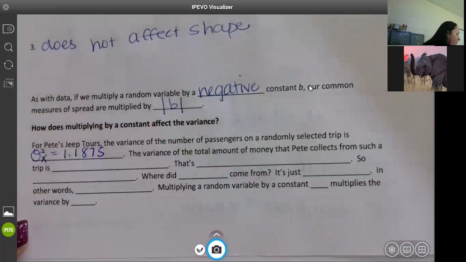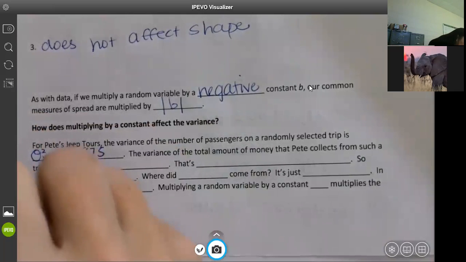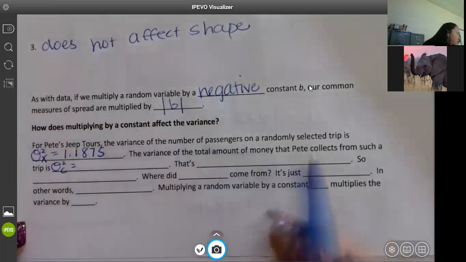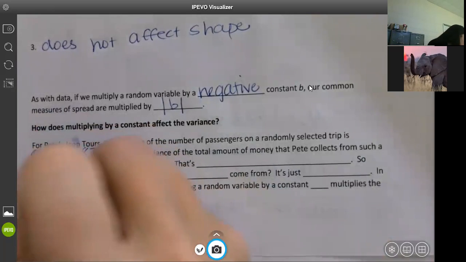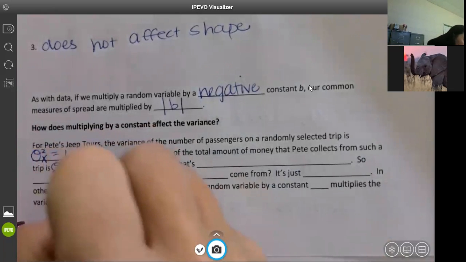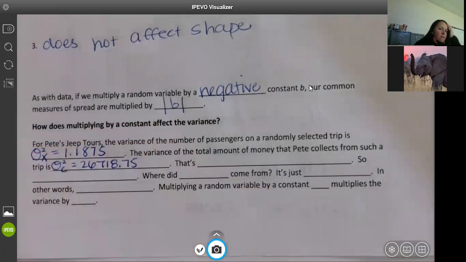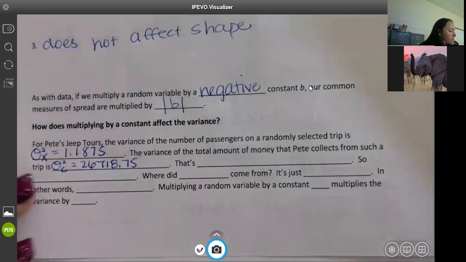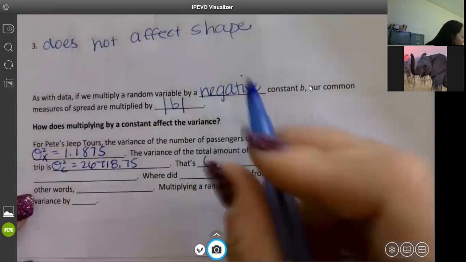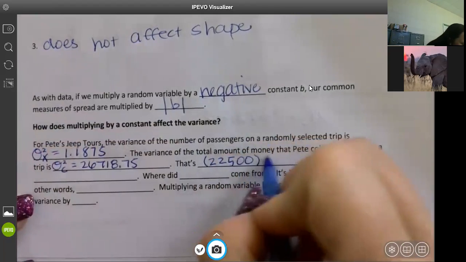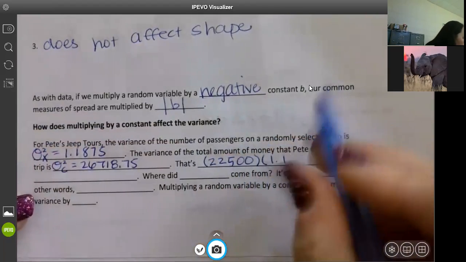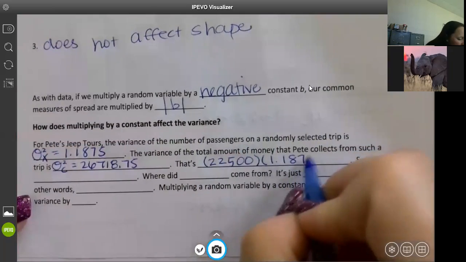The variance of the total amount of money that he collects, the variance of C, was 26,718.75. What that is actually is 22,500 times 1.1875.